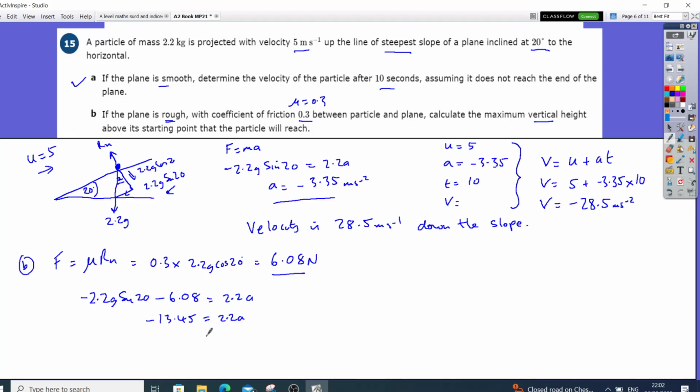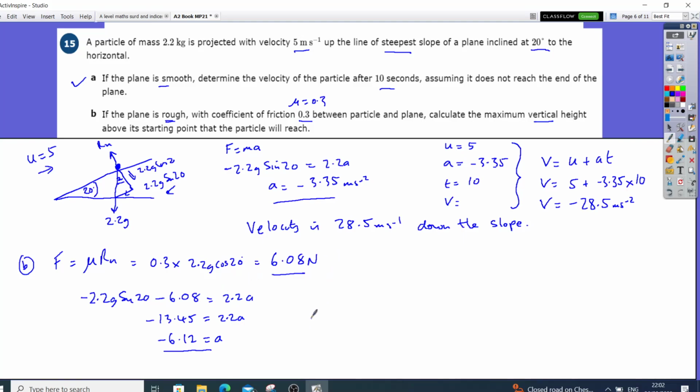If I divide that by 2.2, your acceleration, in this case deceleration, is going to be minus 6.12. The acceleration is acting against the motion, so it's a deceleration.